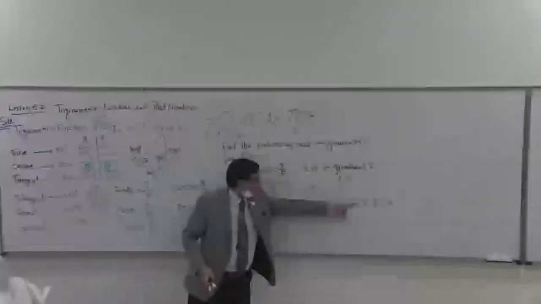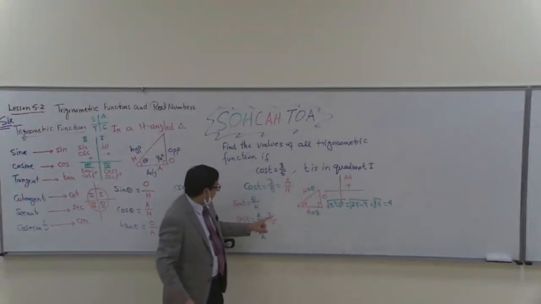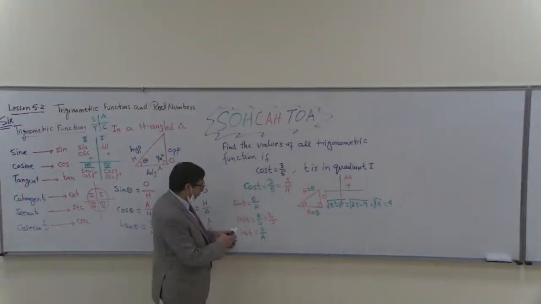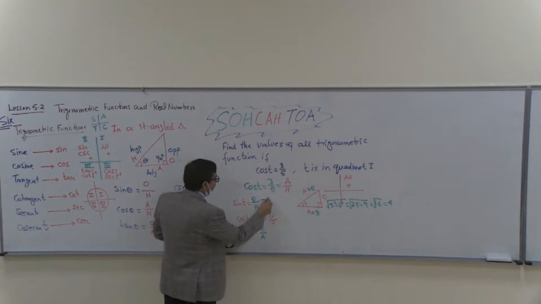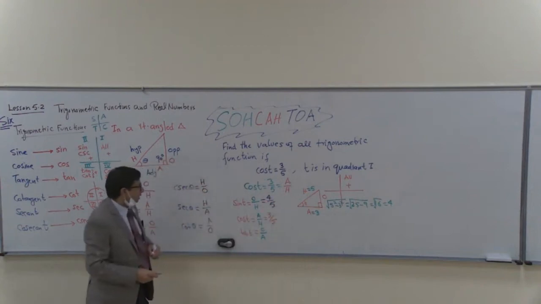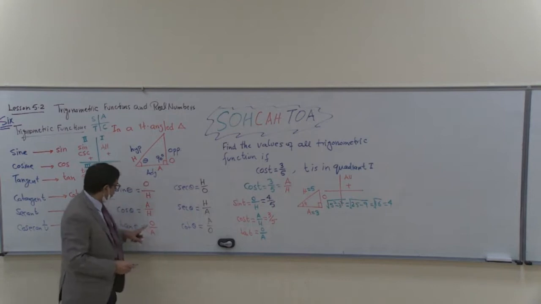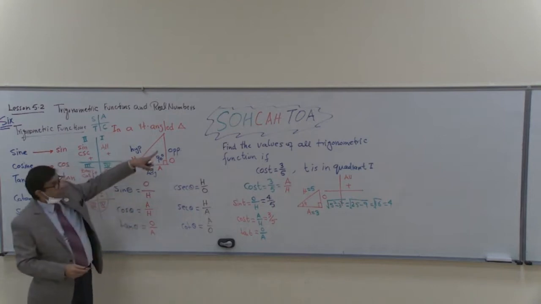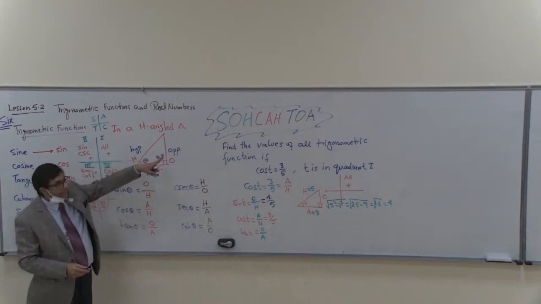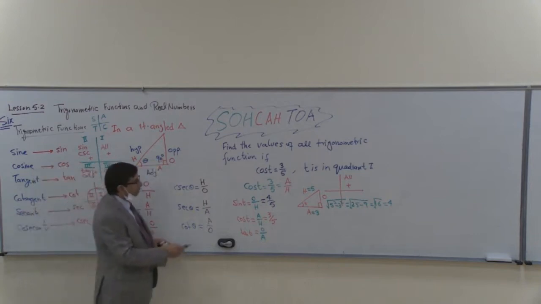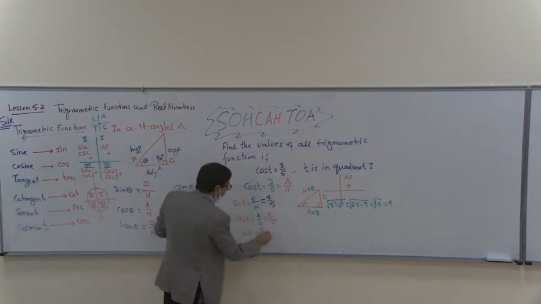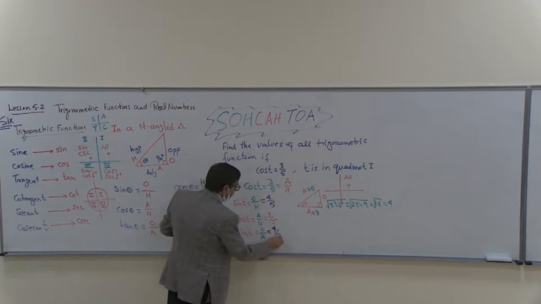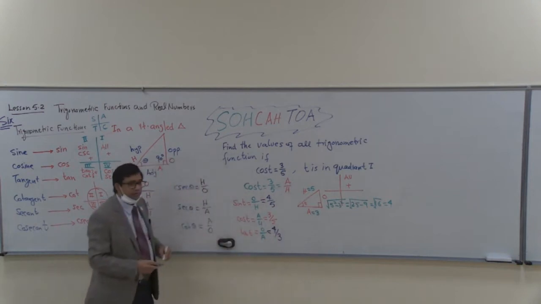Opposite, what is opposite over here? 4, h is 5, so 4/5. Very good. Tell me about tangent. TOA. So TOA, opposite over adjacent, 4/3. Very good. These are the values.